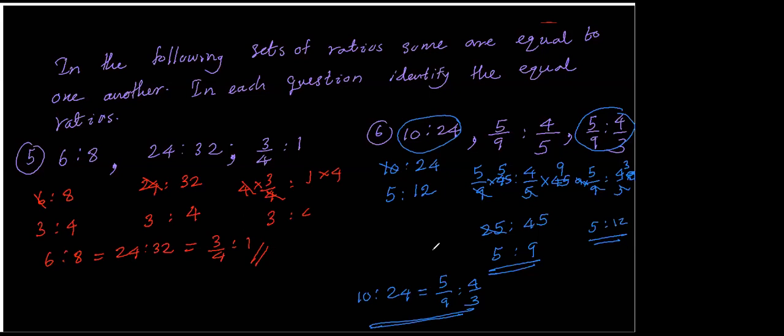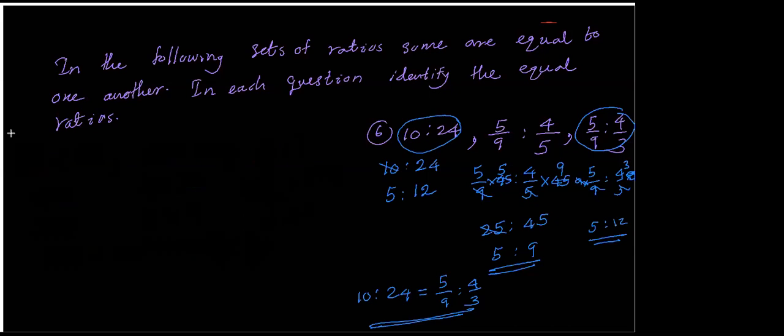Teacher, can you repeat the sixth one again? Sixth one, then I will erase the fifth one and do it here again. I take this space for this one. You can see here 3 ratios, 10 to 24, 5/9 to 4/5 and 5/9 to 4/3.